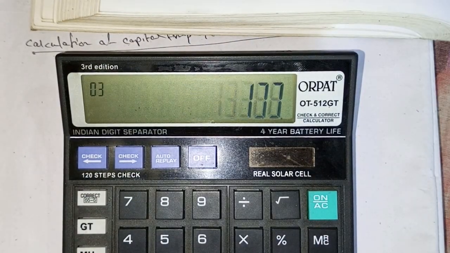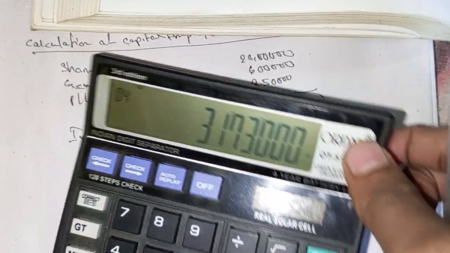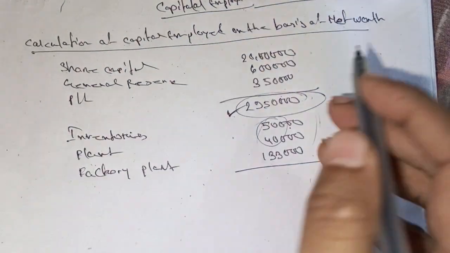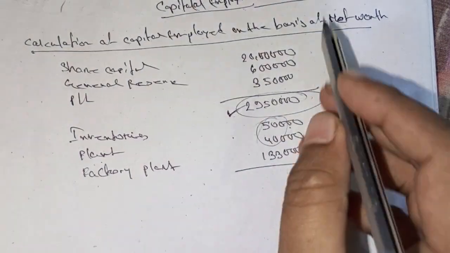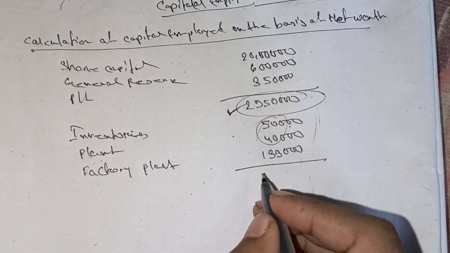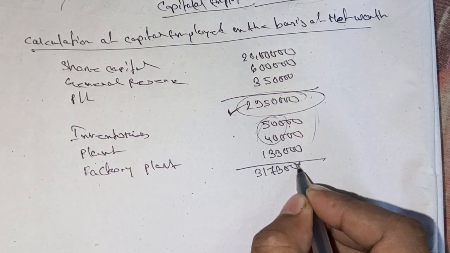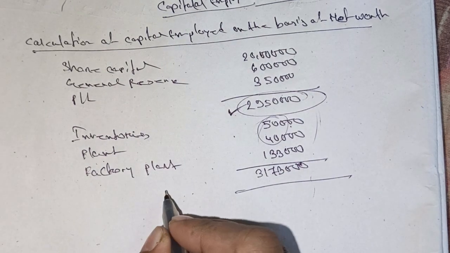I think something is wrong. Oh, I had added 9 lakh, it should be 90,000. So 29 lakh 50,000 plus 90,000 plus 1 lakh 33,000 is 31 lakh 73,000. Because the answer will be the same as our asset side approach.